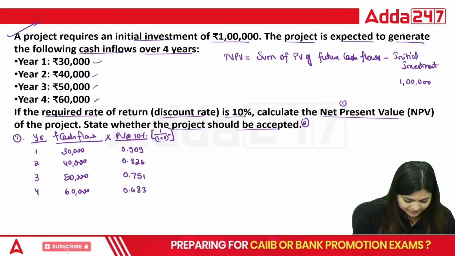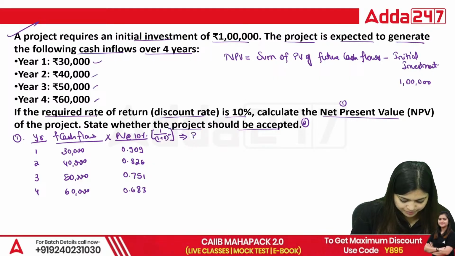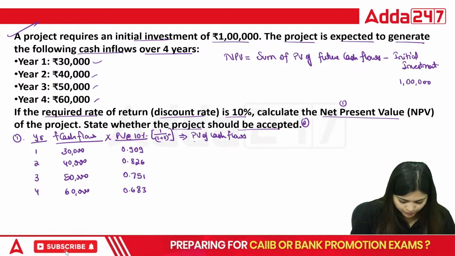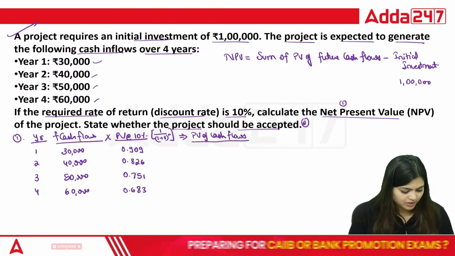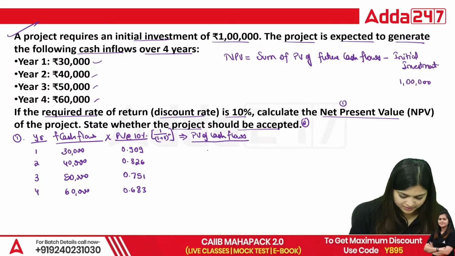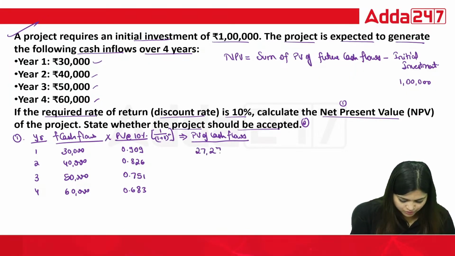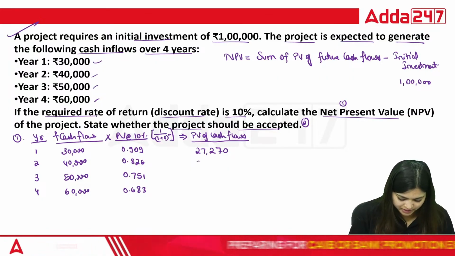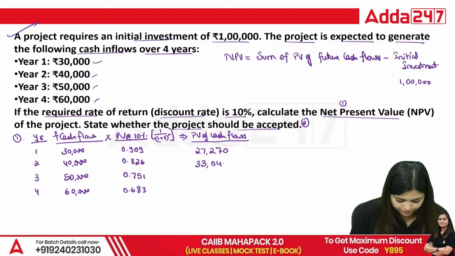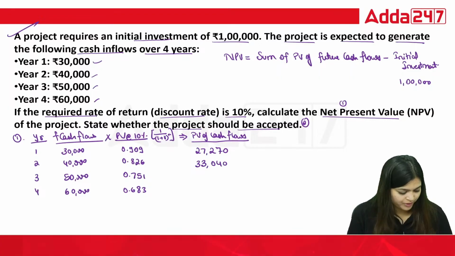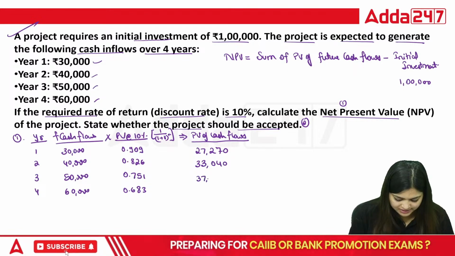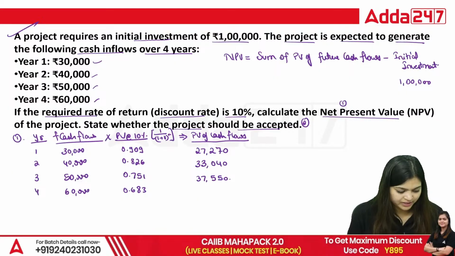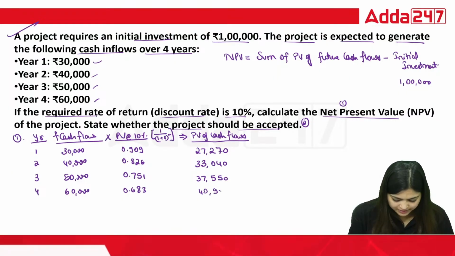So if you multiply these two things, you can calculate your present value of cash flows. 30,000 into 0.909 is 27,270. 40,000 into 0.826 is 33,040. 50,000 into 0.751 is 37,550. 60,000 into 0.683 is 40,980.